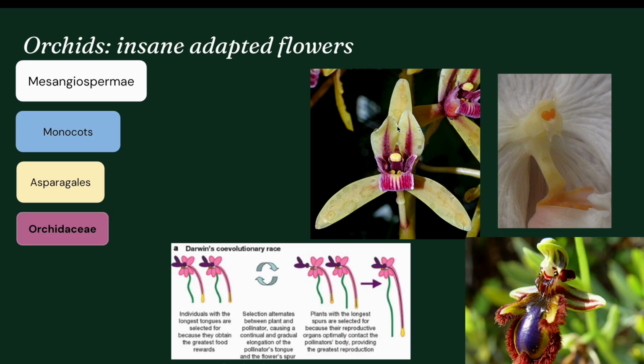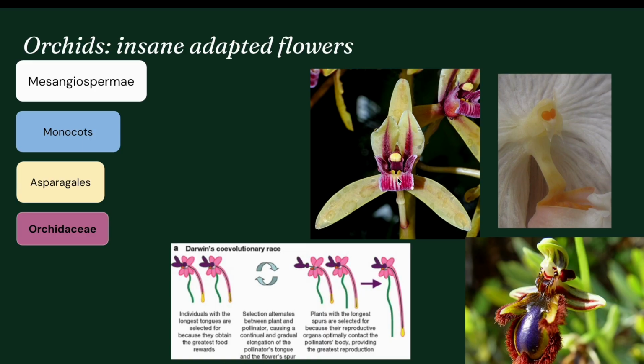So not only do orchids have some pretty weird modified petals and sepals, for example, they usually have this bilateral or zygomorphic structure where one of these petals is actually modified into a landing platform that insects can land onto.